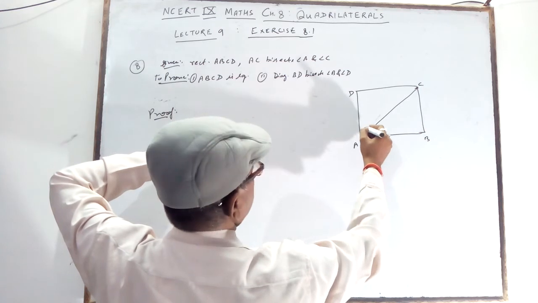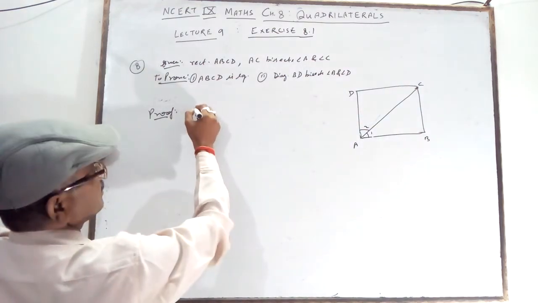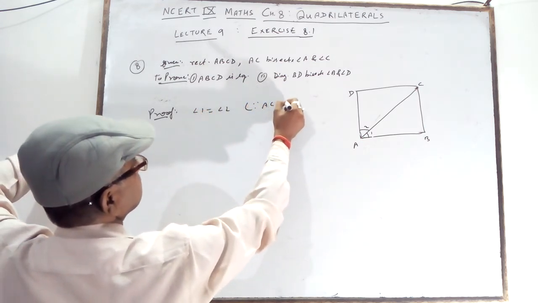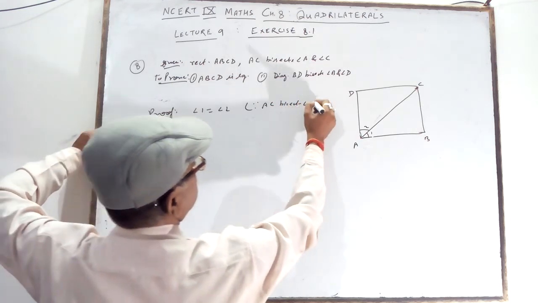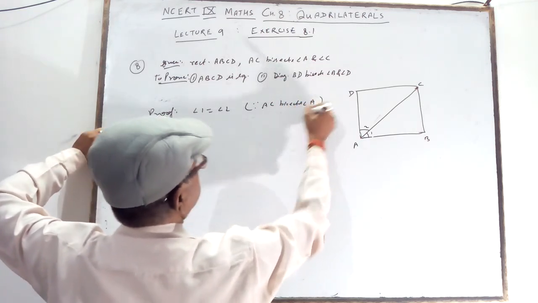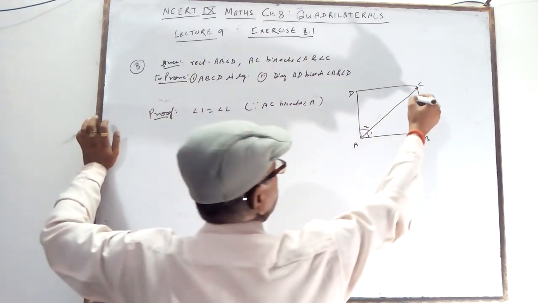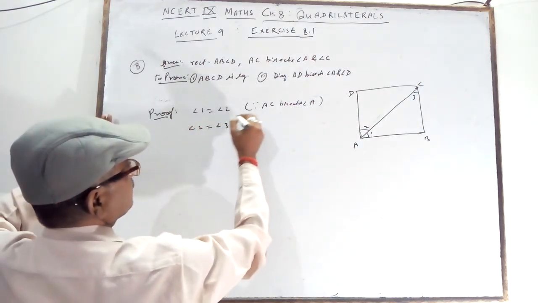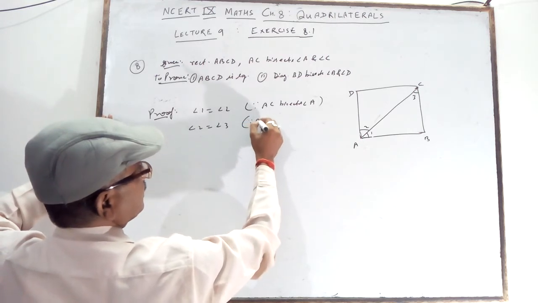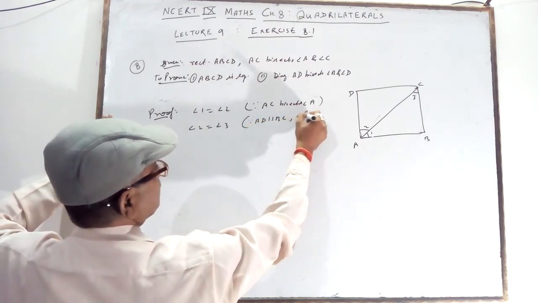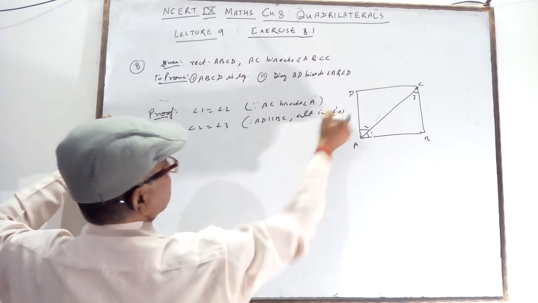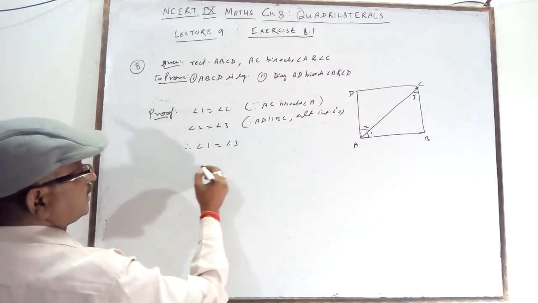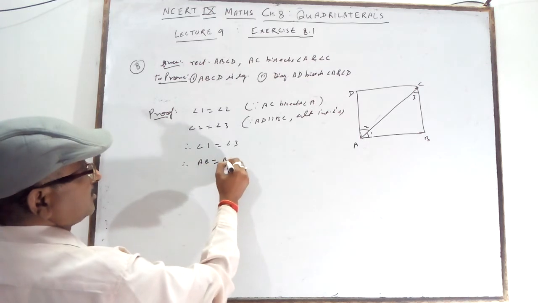Angle 1 is equal to angle 2, it is given, because AC bisects angle A. Angle 2 is equal to angle 3 because AD is parallel to BC, alternate interior angles. Therefore, angle 1 is equal to angle 3. So, AB is equal to BC.